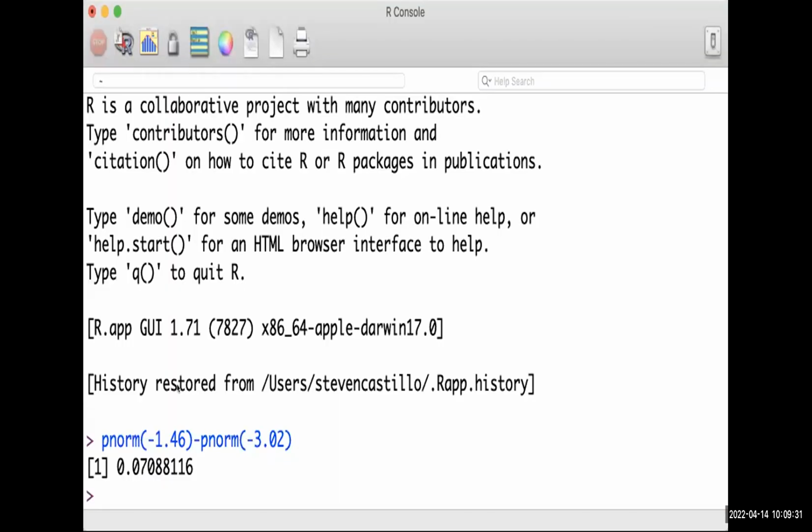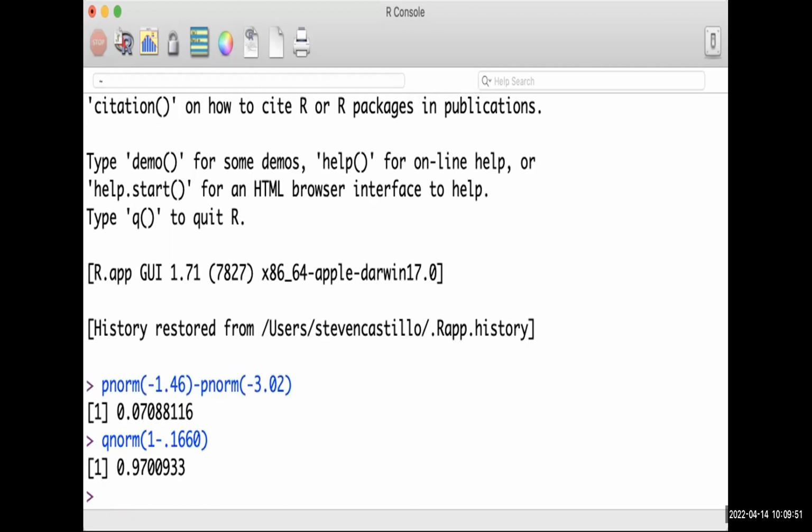So let me type in qnorm of 1 minus 0.1660. And so I get 0.9700933. And let me type that in to my iPad.